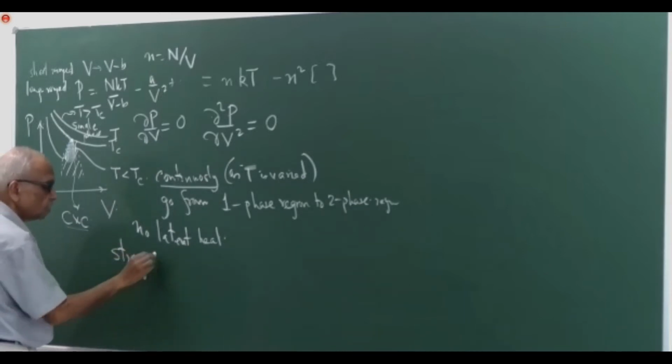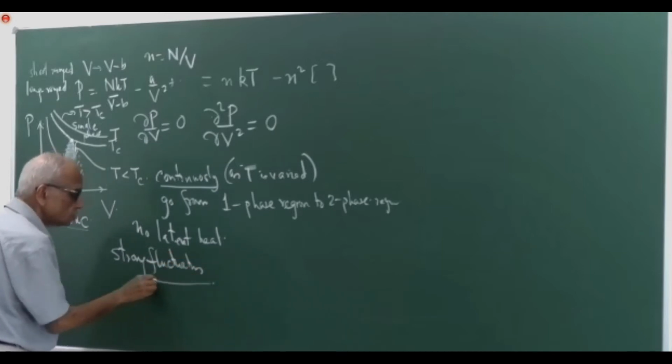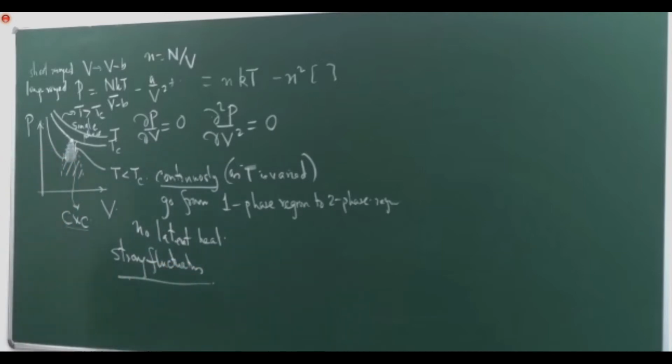It's the strong fluctuations because the system does not really know whether it should be a gas or a liquid, and therefore locally it is sort of liquid-like over here, gas-like over here. If you look at the container which has this liquid through light scattering, you would see it become very strongly turbid.